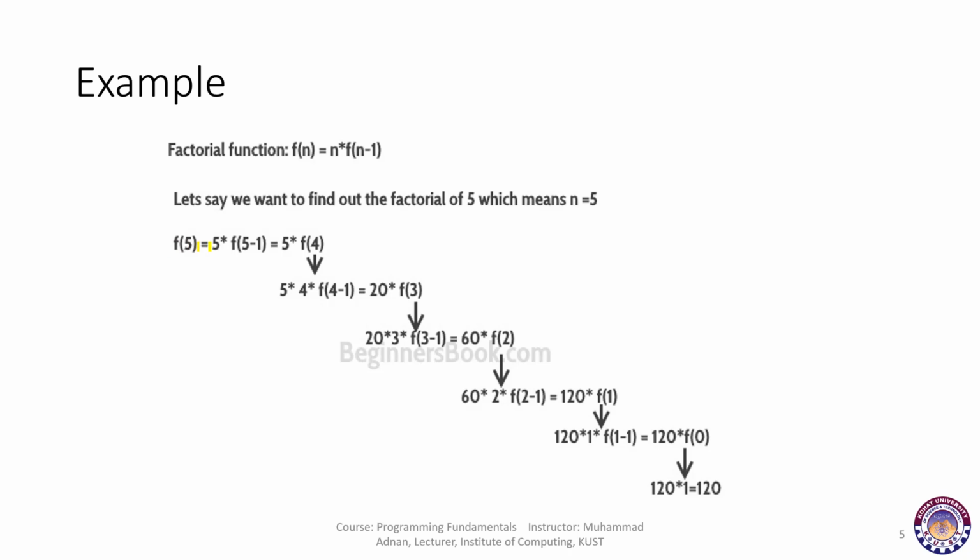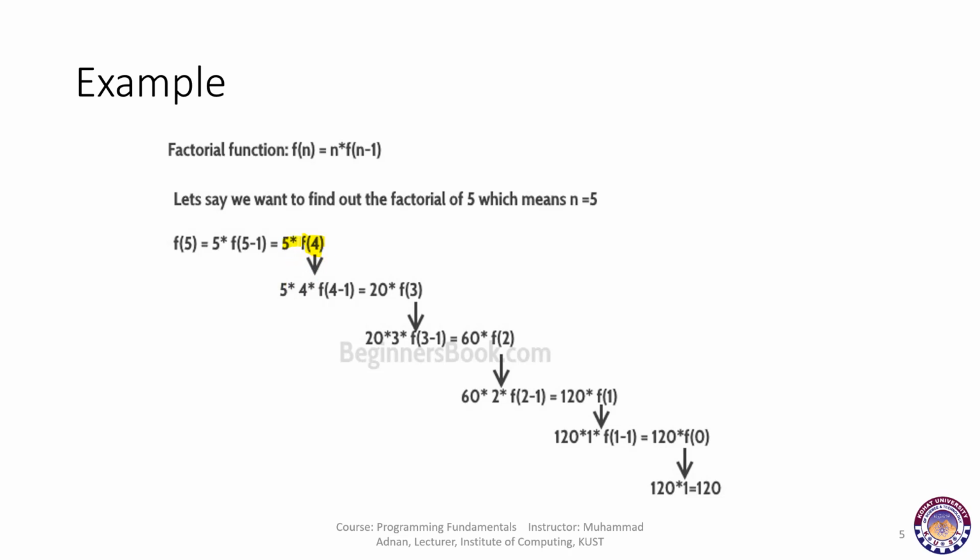So how are we going to see this example in recursion? So f of 5 is equal to 5 multiplied by f of 5 minus 1, which is in fact equal to 5 multiplied by f of 4. So this now becomes an independent function. So what we do, we repeat this process.